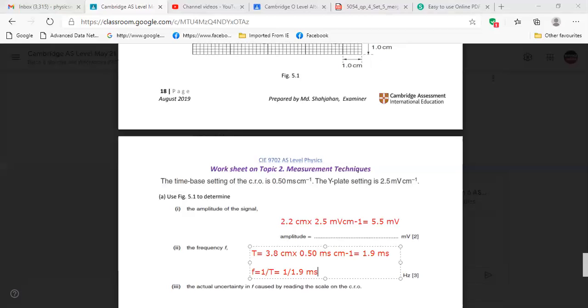If you convert to second, it will come 1.9 into 10 to the power minus 3, right? So the value you got should be multiplied with 10 to the power 3, because when it comes upper side, 10 to the power minus 3 comes to 10 to the power plus 3, isn't it? Milli will convert to kilo. So whatever the answer you got, if you multiply with 1000, you will get the answer.